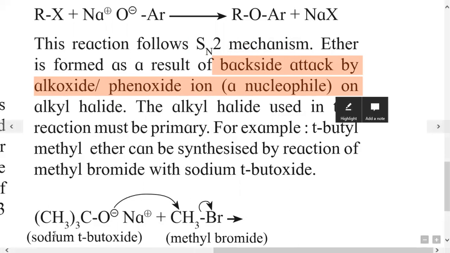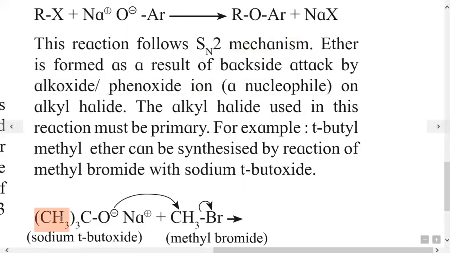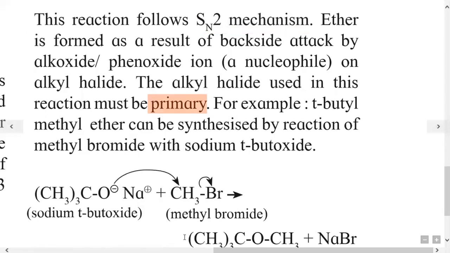This is given here. So sodium alkoxide, this is a tertiary, attacks on methyl bromide, this is a primary. Here backside attack takes place, that is, it follows SN2 mechanism. Here the alkyl halide used must be primary.